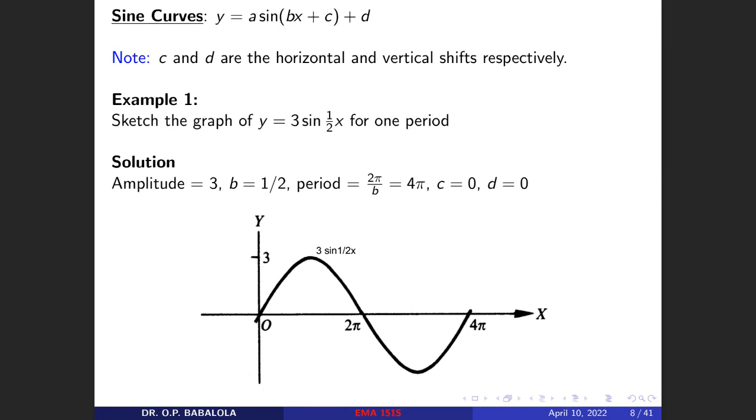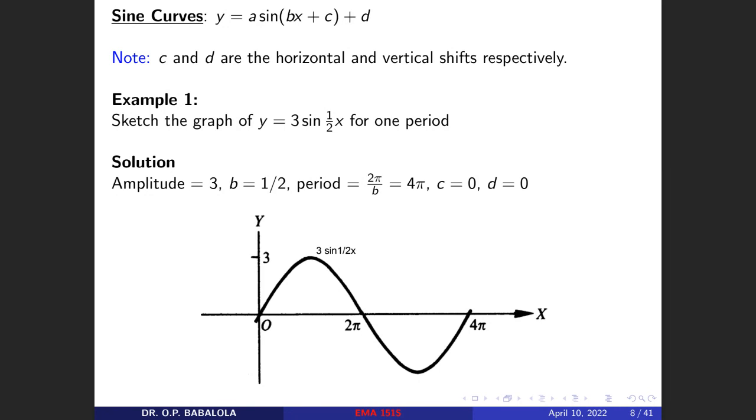So this is actually a complete equation. This is a complete equation because it has put into consideration your horizontal shift, which is plus C, okay? It has also put into consideration your vertical shift, which is plus D, all right?